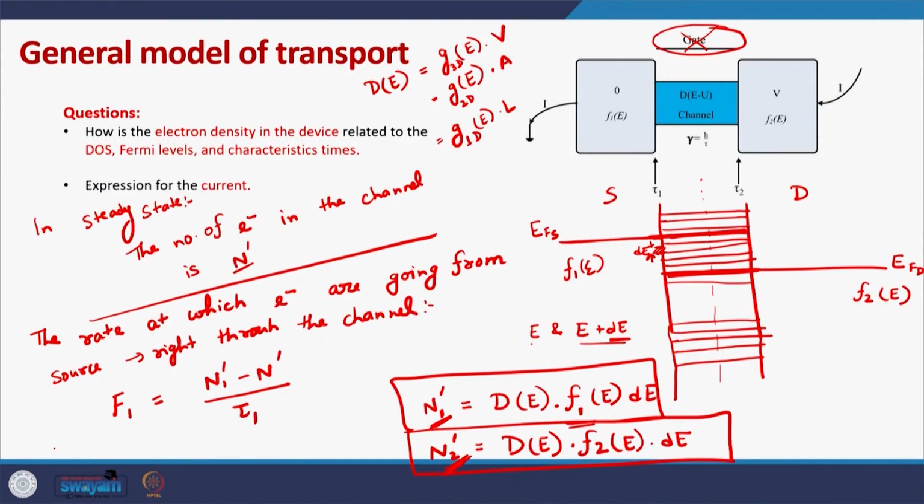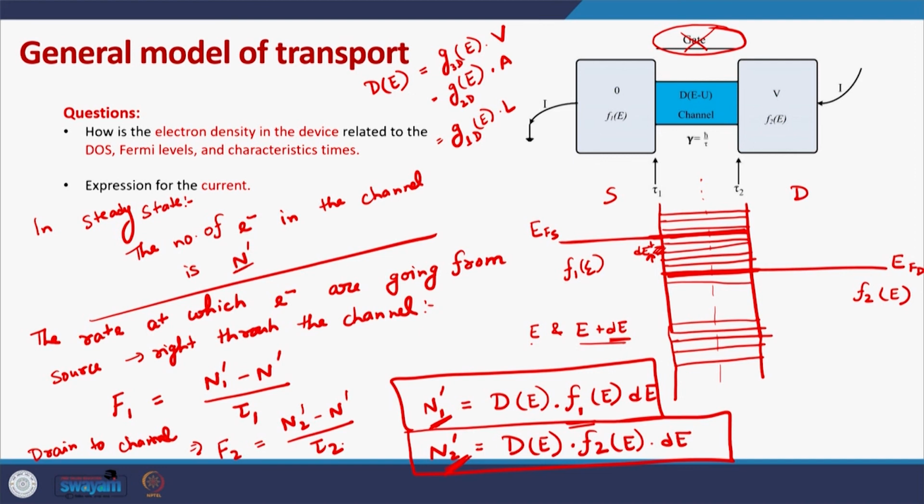And similarly, the rate at which electrons will be going from drain to channel, if that is denoted as F2, will be (N2 prime minus N prime) divided by tau 2.